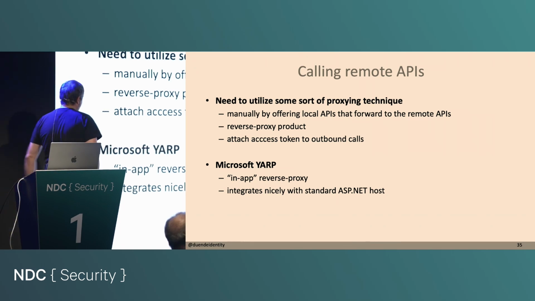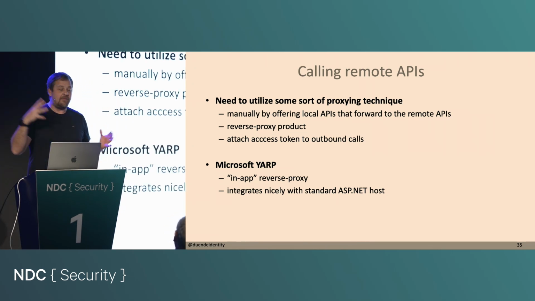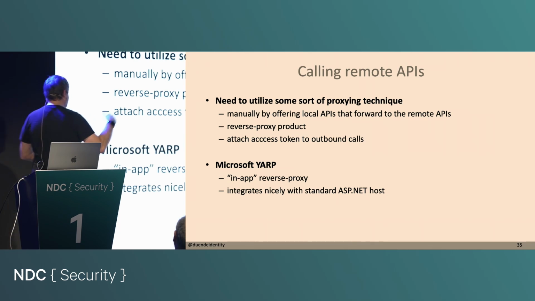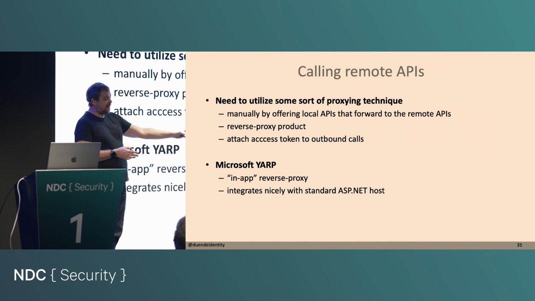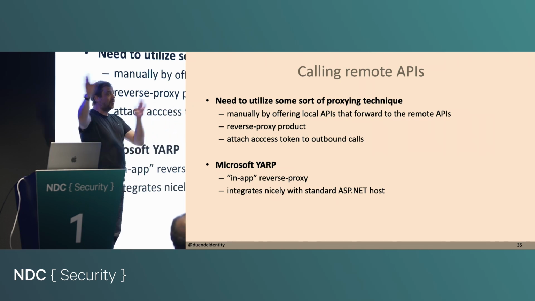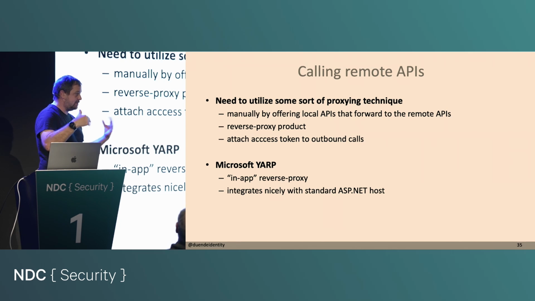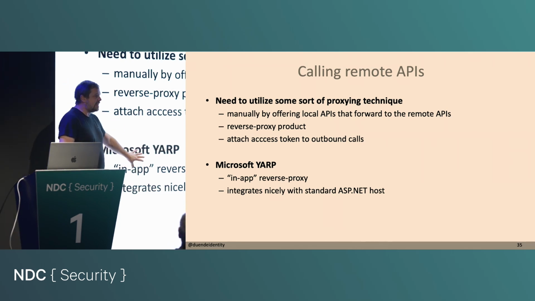Anyways, but the nice thing about YARP is it is a reverse proxy middleware. So you can put that reverse proxy into your application and basically say something like, if a call comes in on /api, forward this to server5/api. And you don't have to run a separate reverse proxy server or product, like an IT pro thing. It is actually part of your BFF host. Okay?